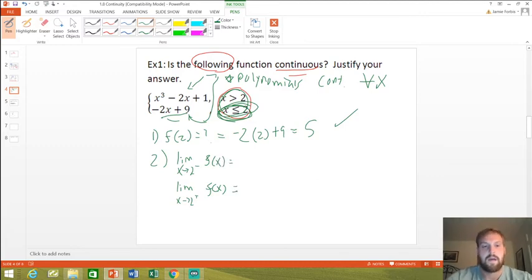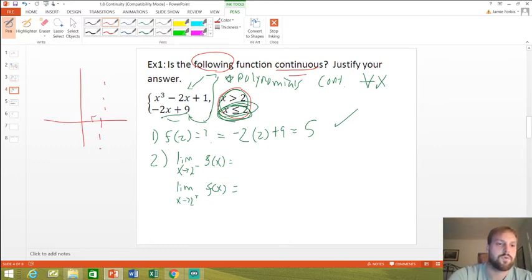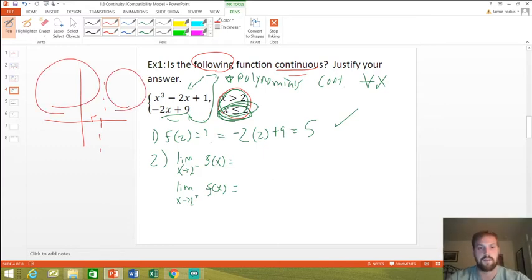Now, since we're talking about a piecewise function, right here at 2, that's the break in the graph. We have some graph going on the left side and some graph going on the right side. So the graph that's coming from the left side, that's the one that I'm talking about with the left limit. And the graph on the right side of 2, so anything greater than 2, that's my right limit equation.